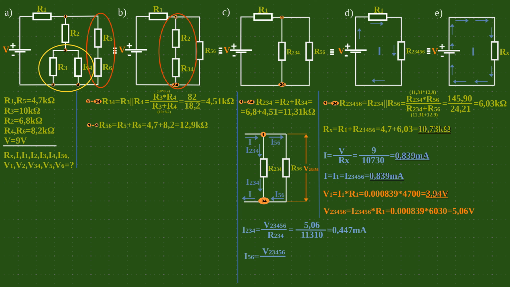Since we know the common voltage V1-2-3-4-5-6, using Ohm's law, it is easy to calculate them. We still check if we have calculated the currents well and move on to calculating the voltages V5 and V6 as follows.